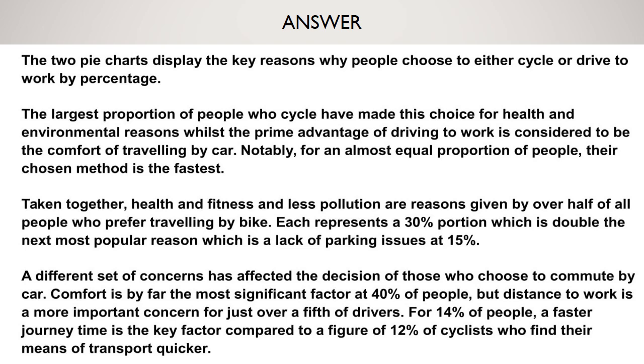The largest proportion of people who cycle have made this choice for health and environmental reasons, whilst the prime advantage of driving to work is considered to be the comfort of traveling by car. Notably, for an almost equal proportion of people, their chosen method is the fastest.